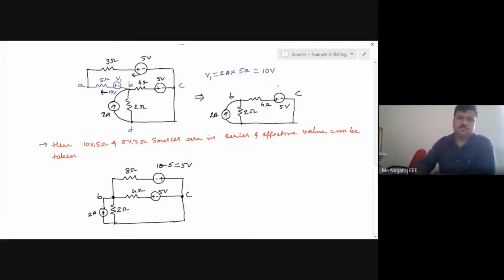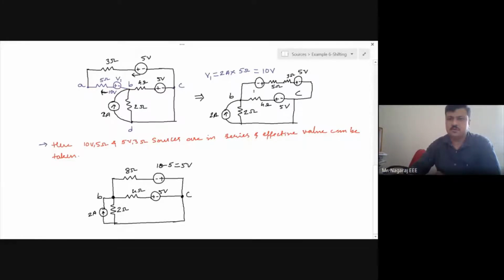Now if you see this connection from B to A, this is 5 volt, 3 ohm.